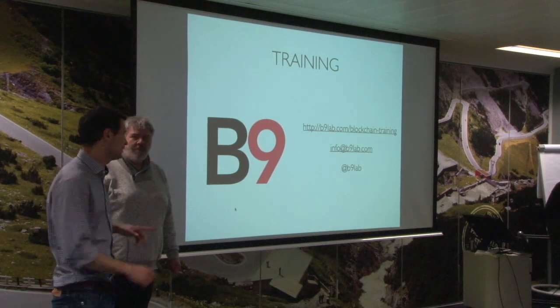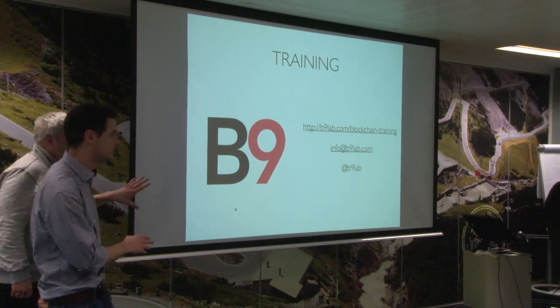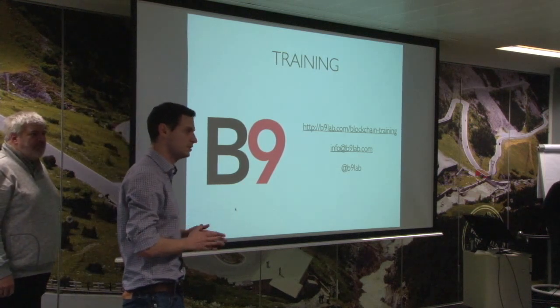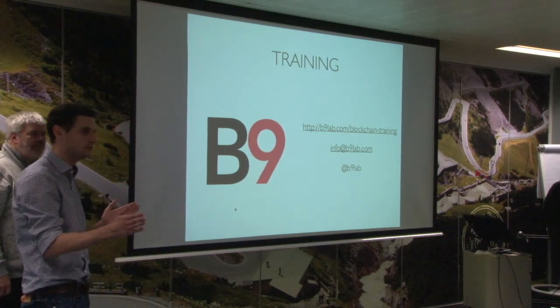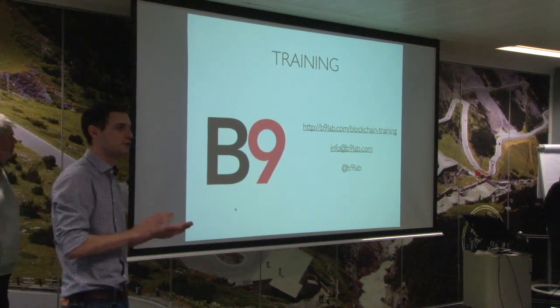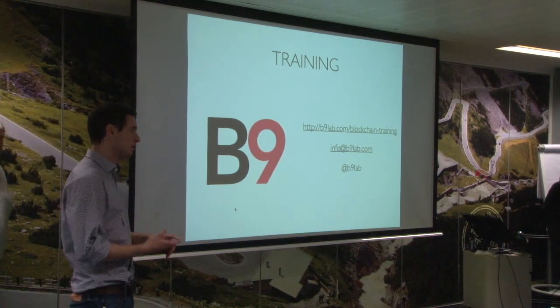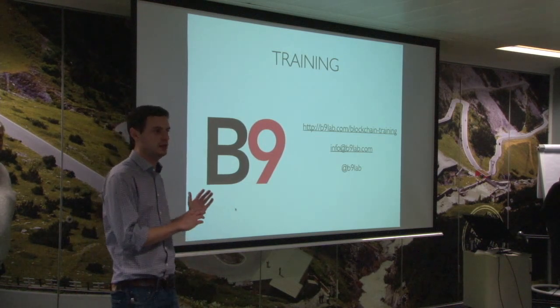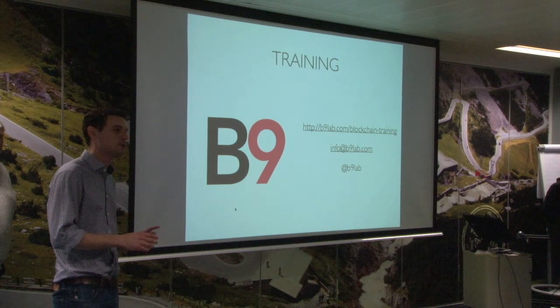I just wanted to make a comment on the use cases. There was an underlying but slightly subtle theme to all of this. There are two types of actors that can benefit from the blockchain. One, like Augur, is where you can do something that you've never been able to do before.